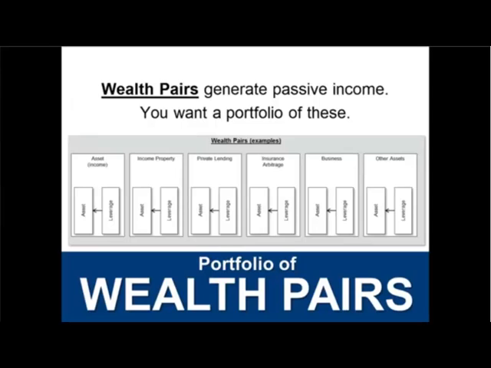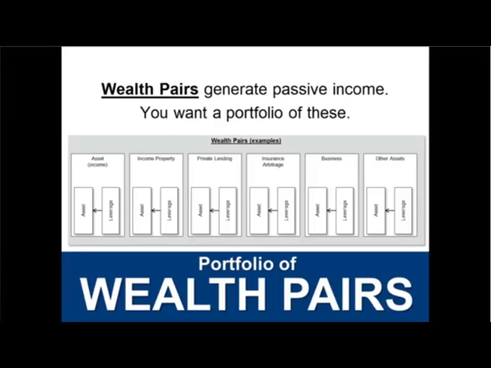And then we talked about wealth pairs. So again, the income-producing asset and your loan constant. So you have an income-producing asset and leverage. And those two components make up a wealth pair. Every investor wants to have a portfolio of as many wealth pairs as possible. These wealth pairs can come from income properties or business or private lending.